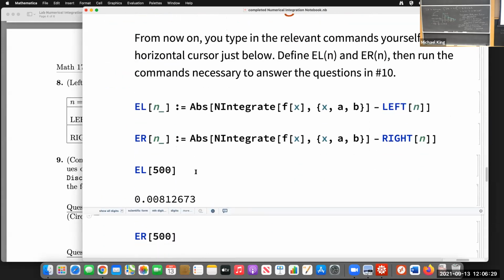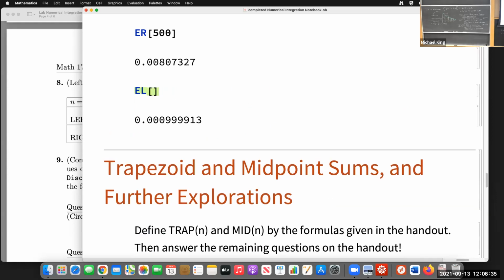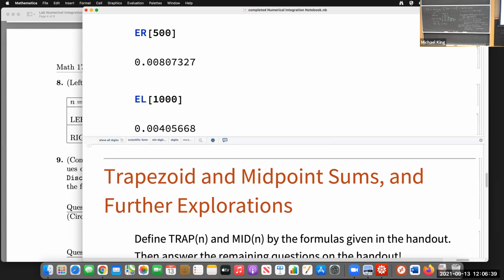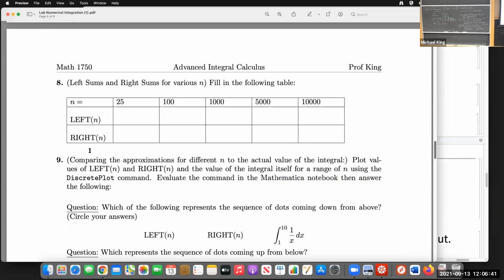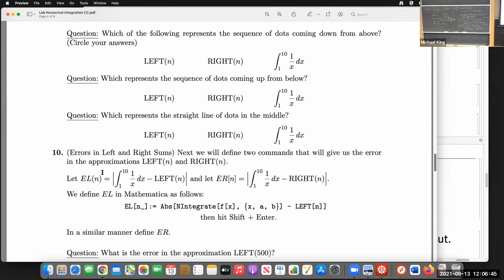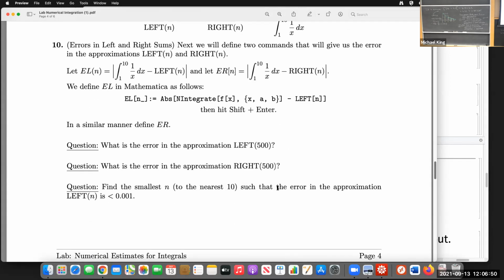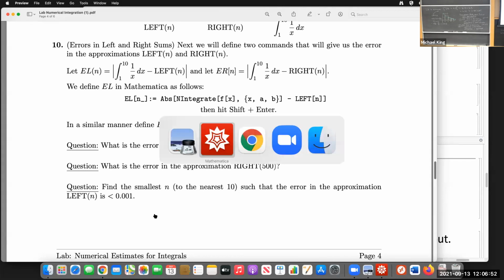I think there was a question on here which was how many rectangles do you need to get within 0.001? So this is the error. These are the errors, right? Find the smallest n to the nearest 10 such that the error in the approximation is less than 0.001.